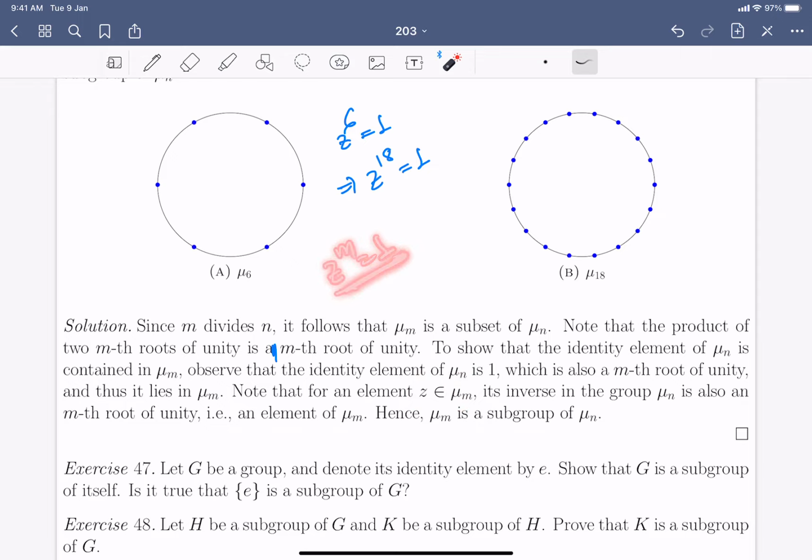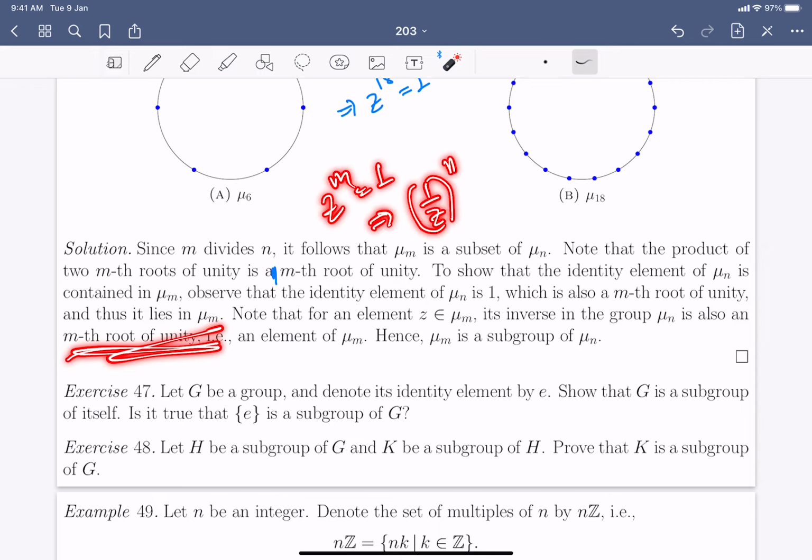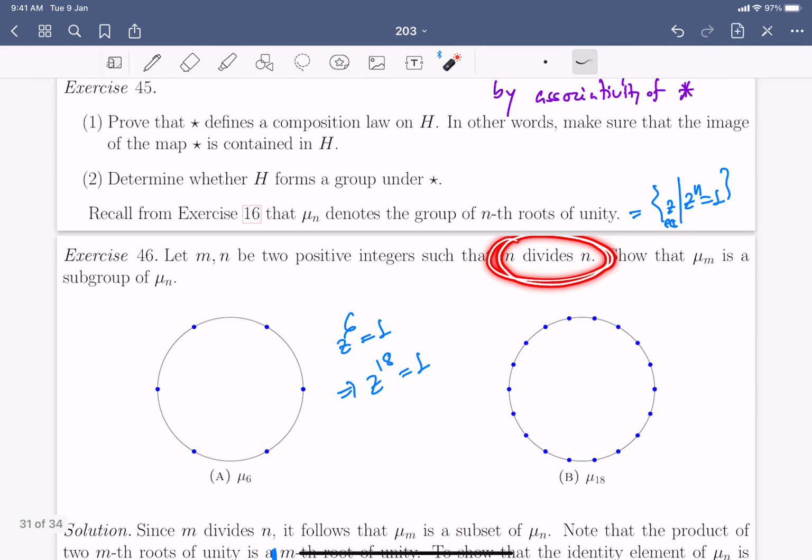Then its inverse inside the group mu n has to be an mth root of unity, because if z power m is 1, then it follows that 1 over z raised to m is also equal to 1. So it has to be an element of mu m. Then it follows that mu m is a subgroup of mu n under the situation that m and n are positive integers with m dividing n, okay?